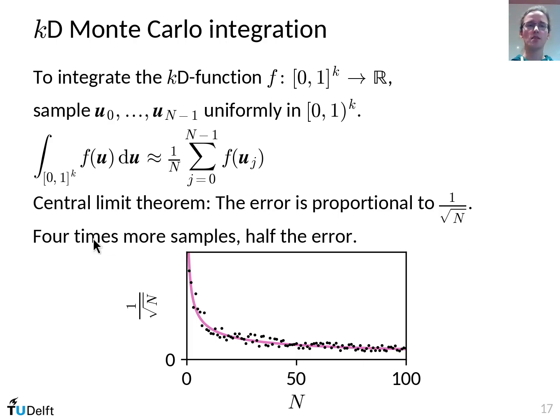So what this means is when we increase n by a factor of 4, then the error will be half as big afterwards. This is plotted down here. The line here is the theoretical convergence rate. Of course, in practice, you have random results, so you will get some fluctuation around this, but the fluctuation also becomes smaller, so this converges at a very predictable rate.